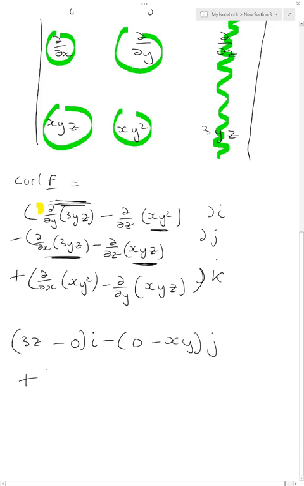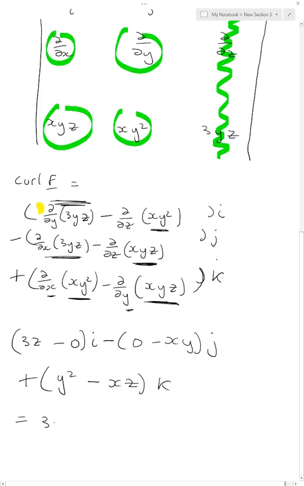And then finally, my k term. Differentiate this with respect to x, gives me y squared. And this term here with respect to y gives me xz, lots of k.